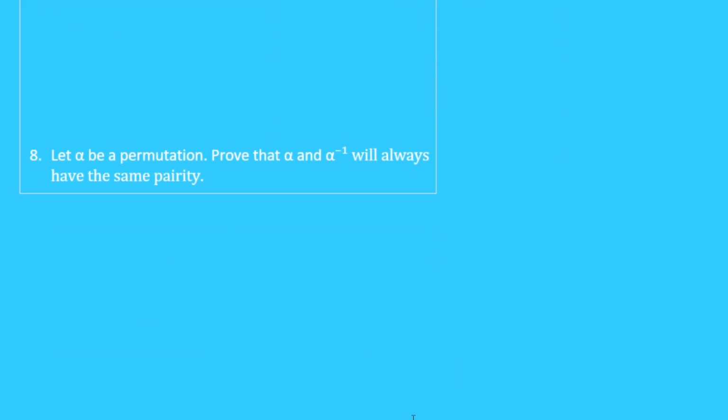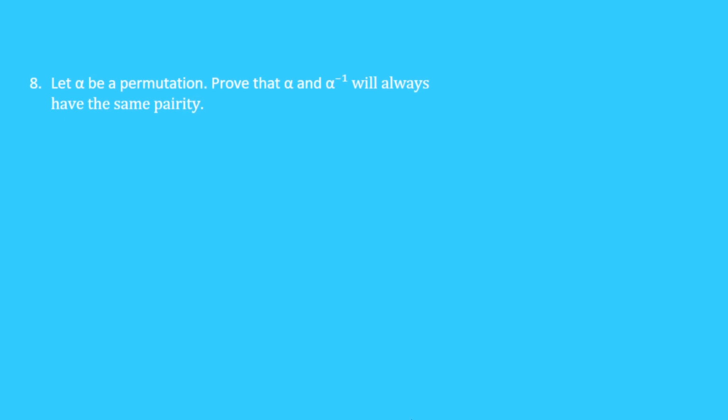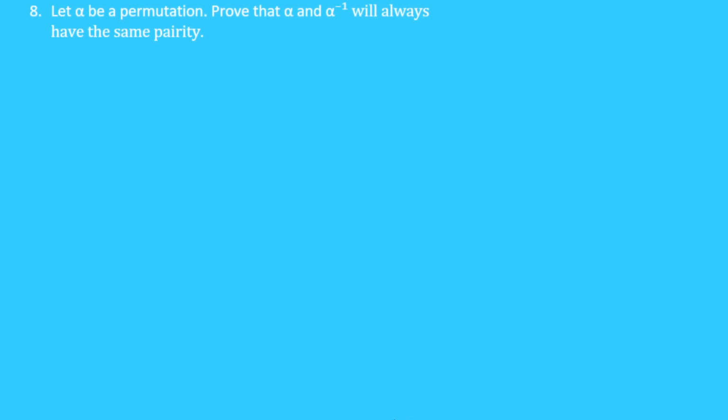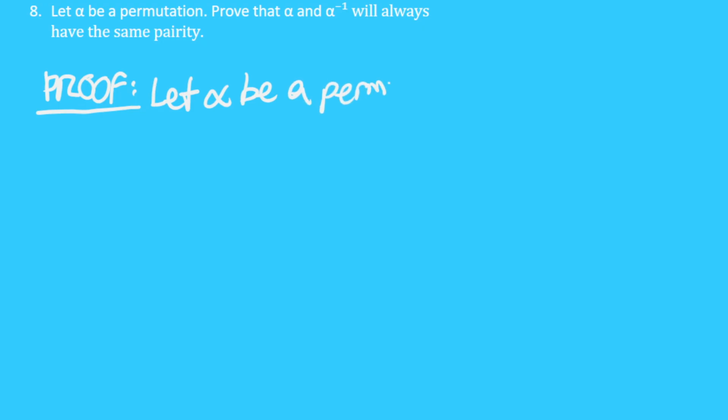All right, let's take a look at our last problem, problem 8. So we have alpha is a permutation, and we are asked to prove that alpha and alpha inverse will always have the same parity. Okay, this should be a pretty straightforward proof. So let alpha be a permutation.